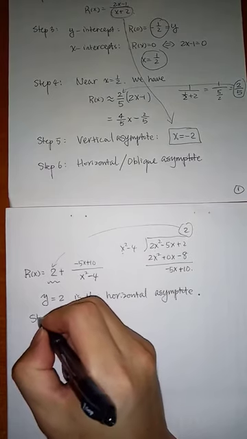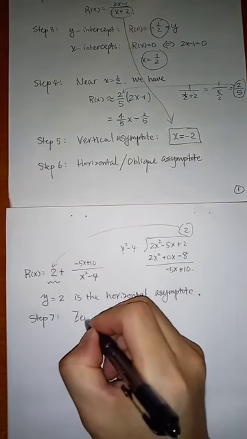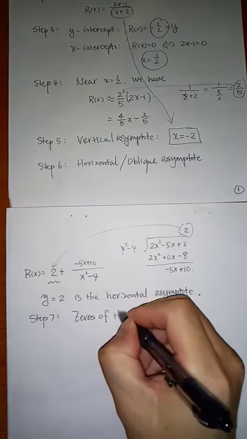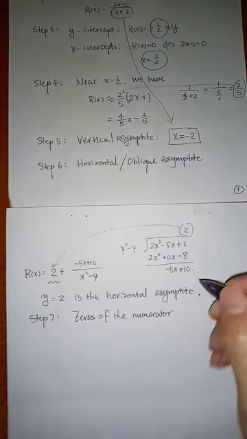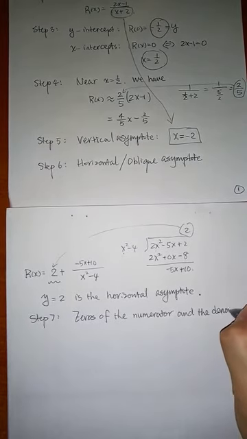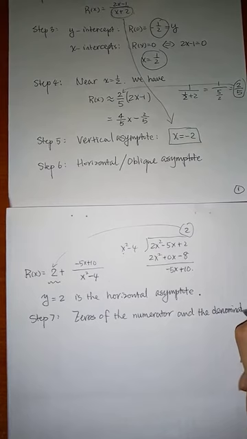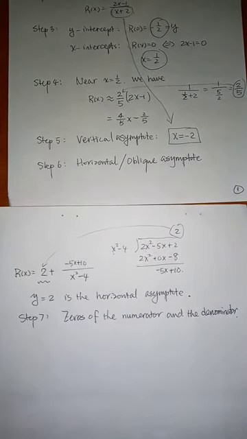And step 7, the zeros of the numerator and the denominator. We use this to add additional sample points and try to sketch the graph.